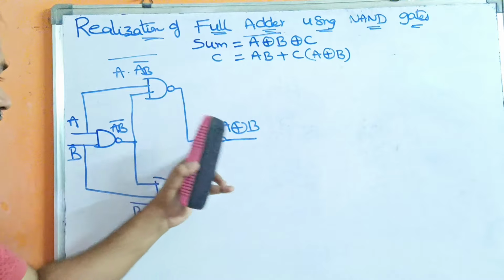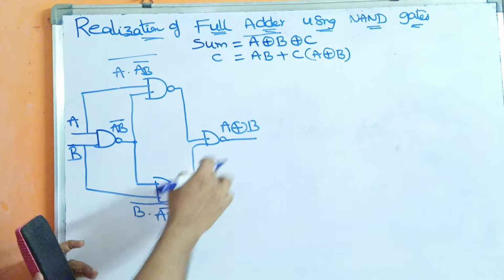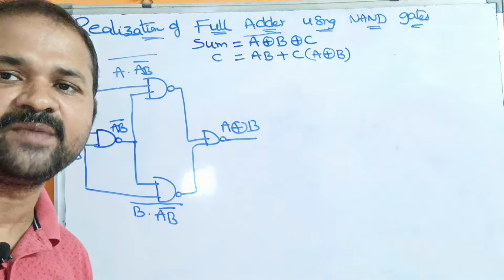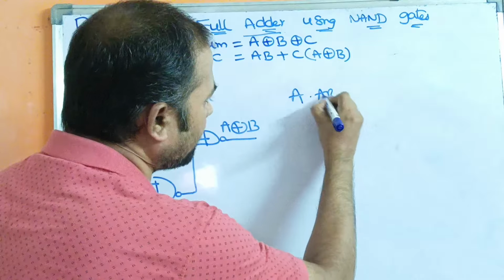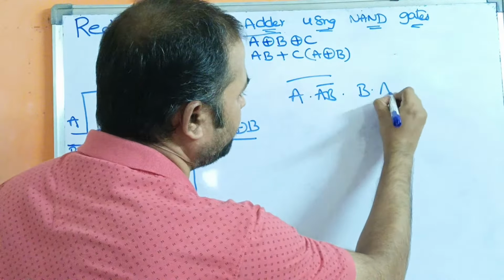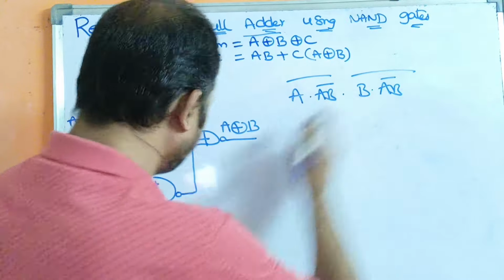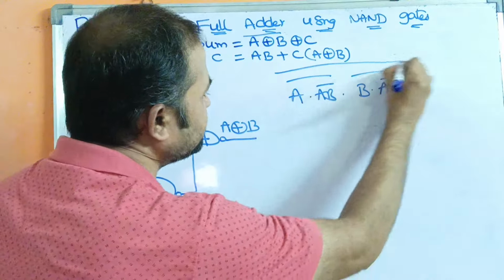Let us see whether this NAND gate is producing A exclusive OR B or not. So what is the output? NAND gate means AB whole bar. What is A here? A means A into AB bar, and what is B here? B means B into AB bar. So this is B, B into AB bar, whole bar. NAND gate means AB whole bar.